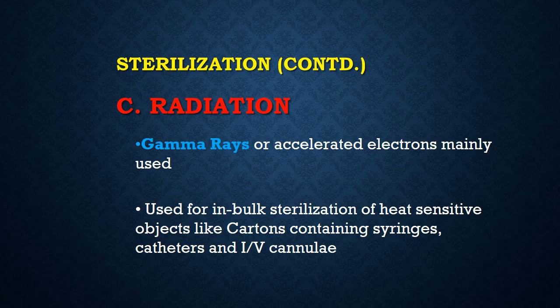So, clean syringes, catheters, IV cannulae are packed and then placed in cartons and the whole carton is then subjected to gamma rays, and it sterilizes the carton, the inner contents, and all the objects placed inside the packing within those cartons.